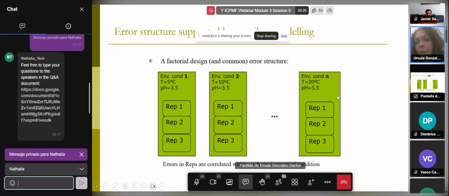In a mixed model, you cannot fit a straightforward regression. Why? Because you have to consider that you have errors that are correlated. How are errors correlated? Because within a condition, you have replicates. The results that you have from replicate 1 to 3 are correlated within this environmental condition. So this is why we need to specify an error structure, because we have correlation.